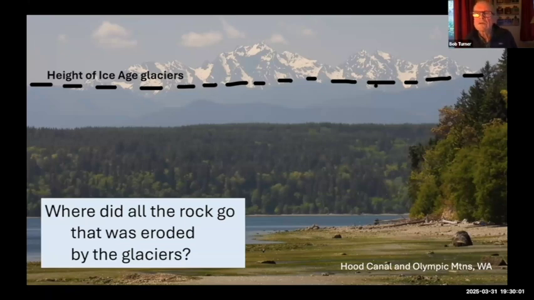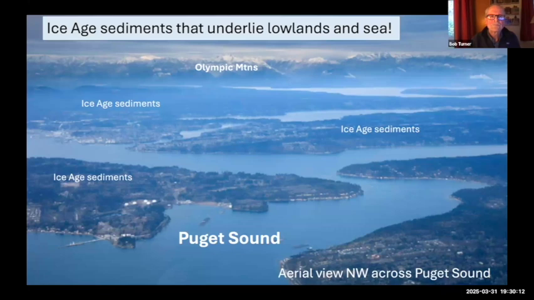So let's return to that question posed earlier in the talk. Where did all the rock go that was eroded by the glaciers? And the answer is that much of it, not all of it, but much of it underlies the lowlands of the Salish Sea and the Salish Sea itself. Some of it was literally exported out into deep water off the continental shelf to form a gigantic submarine fan.